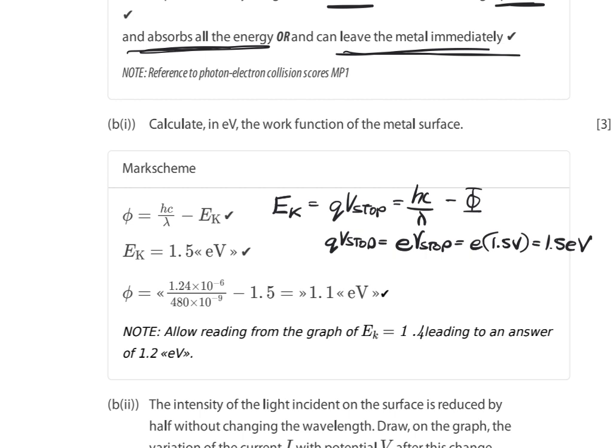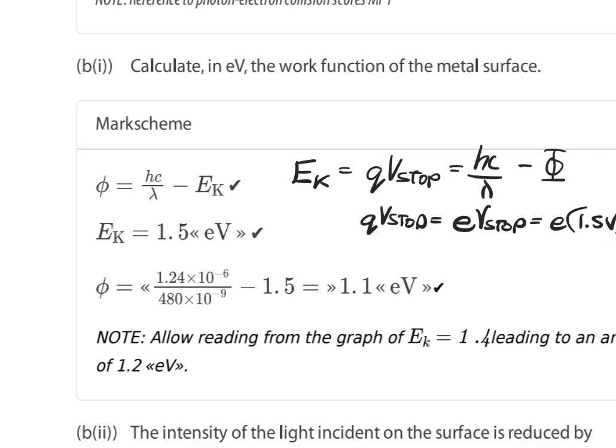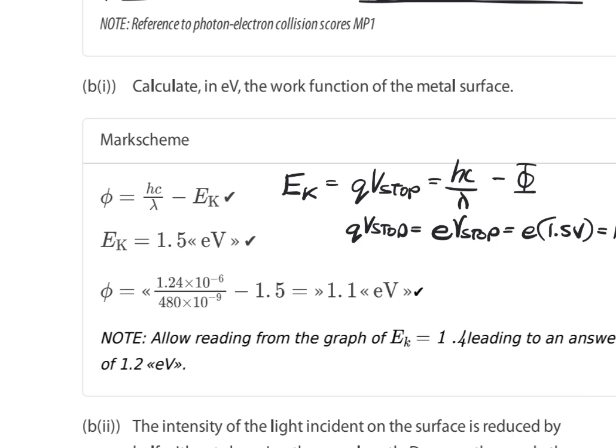And then when it says solve for the work function, it would be hc over lambda minus that QV, minus that 1.5 electron volts. So the hc over lambda, the lambda you can see is given right here, 480 times 10 to the negative 9 meters. But what is 1.24 times 10 to the negative 6?